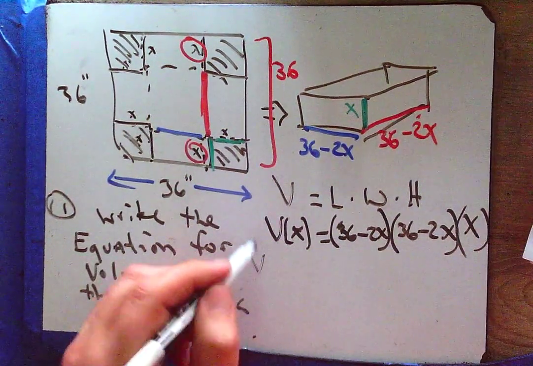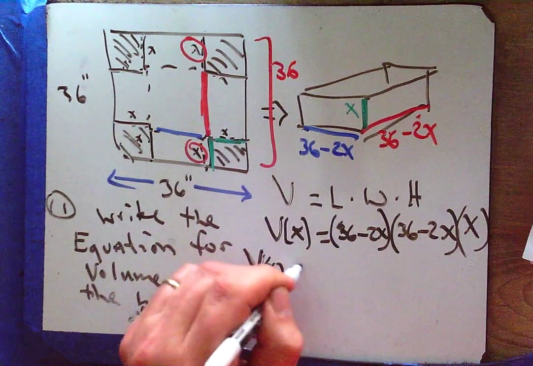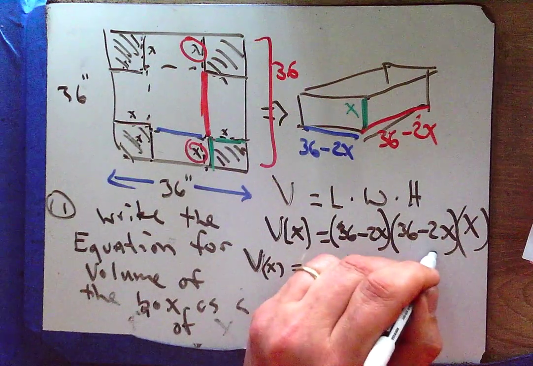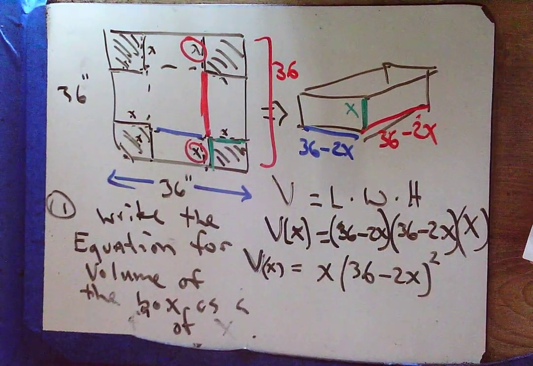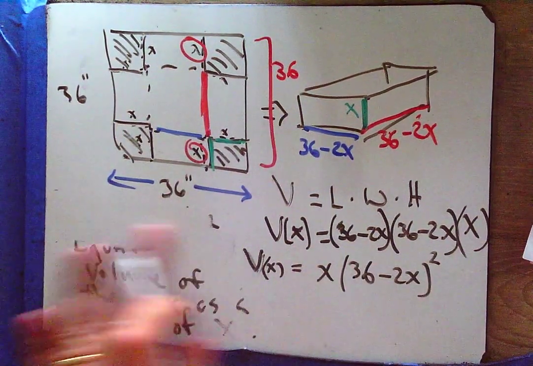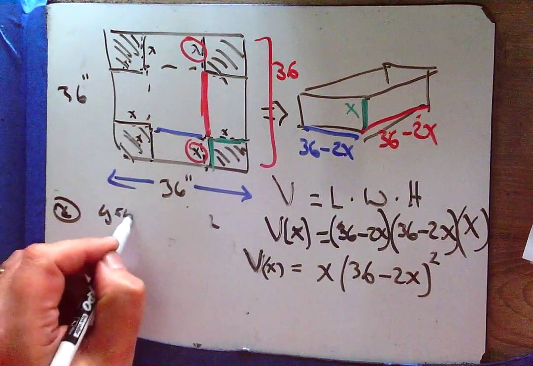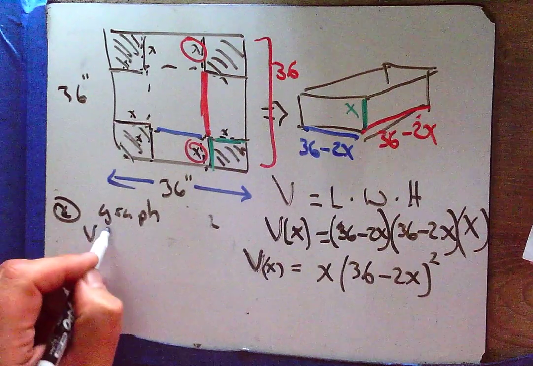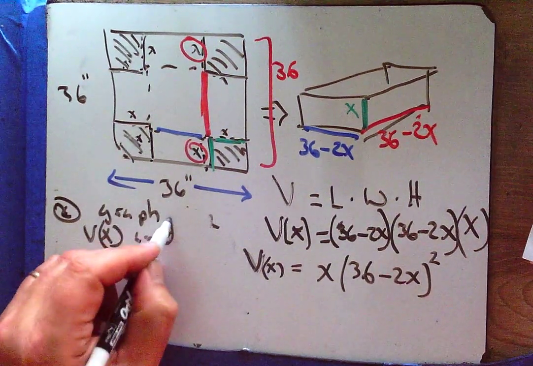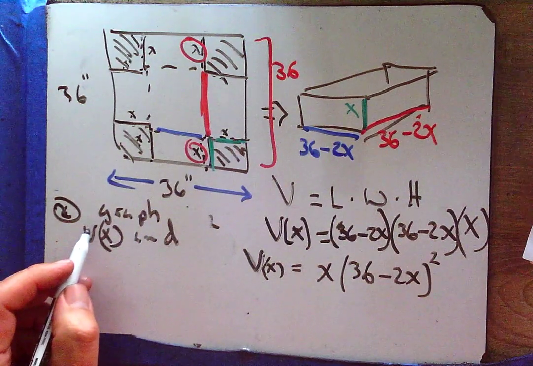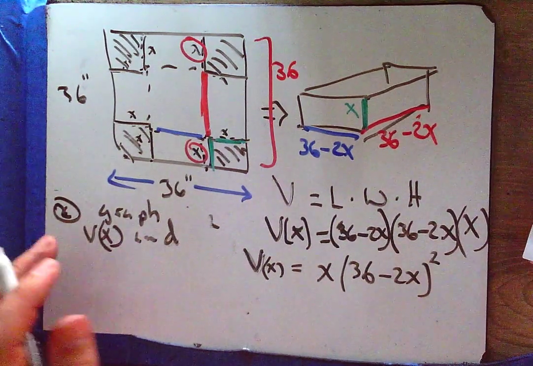Now I like looking at this as v of x equals x times 36 minus 2x squared. Because the second thing they ask me to do is to graph v of x. Yeah, that's all I'm going to do right now.